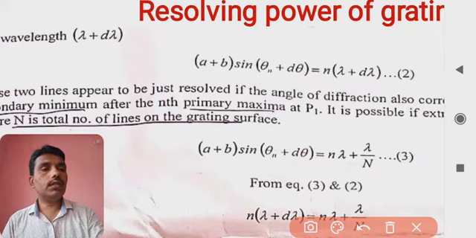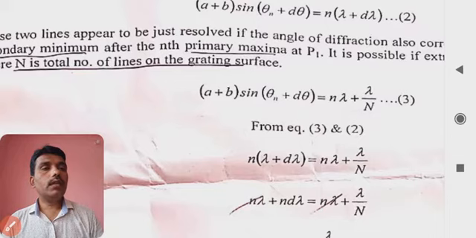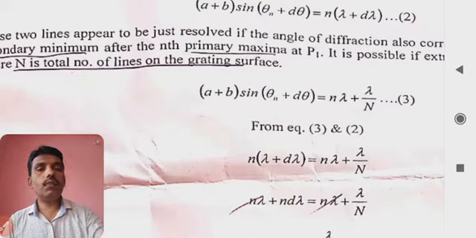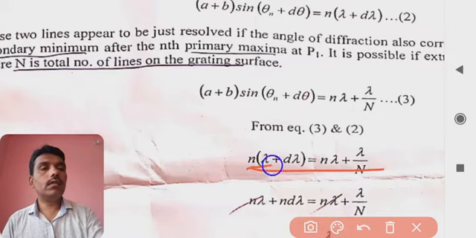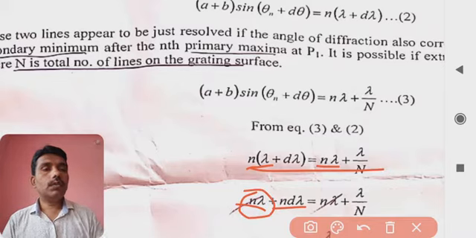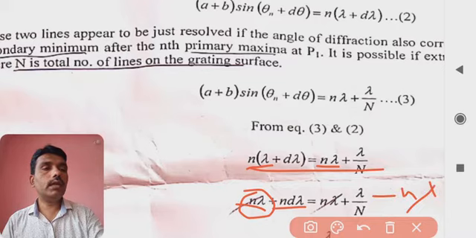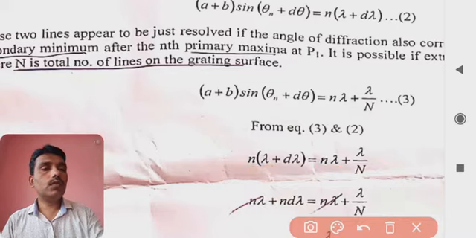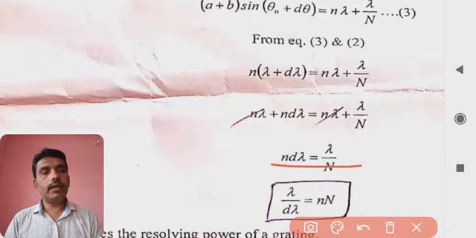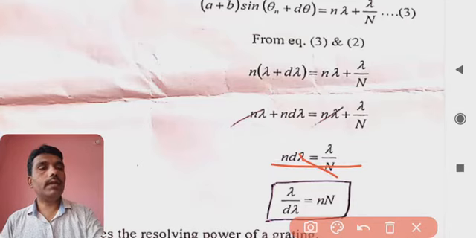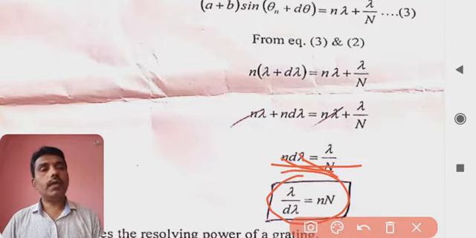So n into (lambda plus d lambda) is equal to n lambda plus lambda by N. Multiplying, n lambda plus n d lambda is equal to n lambda plus lambda by N. Taking n lambda to the right side it becomes minus n lambda and cancels. The remaining value is n d lambda is equal to lambda by N. Rearranging, we get lambda by d lambda is equal to small n into capital N.